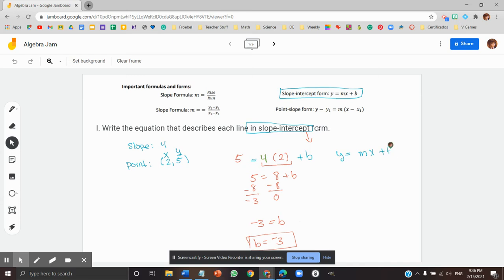Now I have b, my y-intercept, which is negative 3. I still have my slope that it gave me originally, that is 4. And because I don't like how that looks, a plus and a negative, I'm going to rewrite it as y equals 4x minus 3. And that would be my answer.